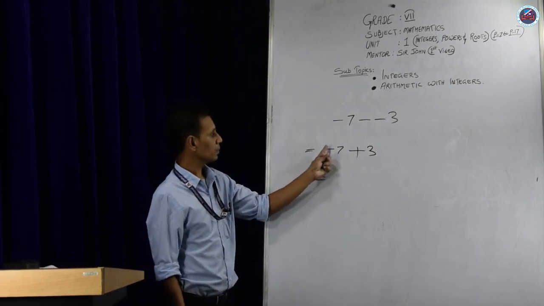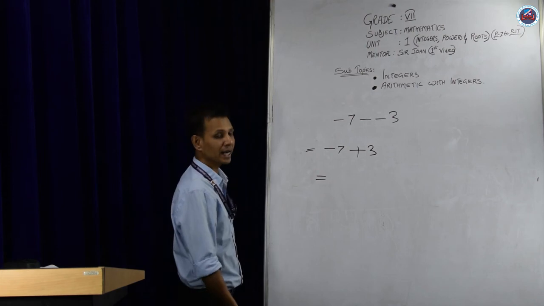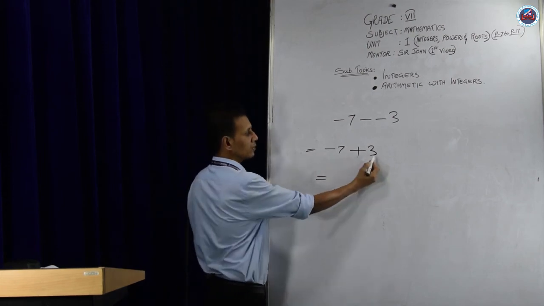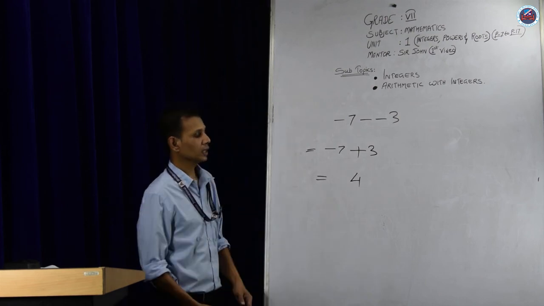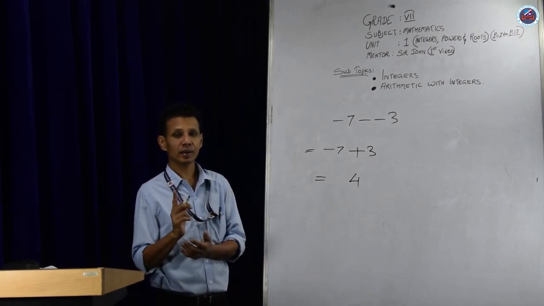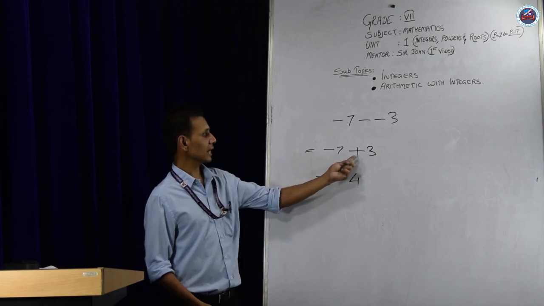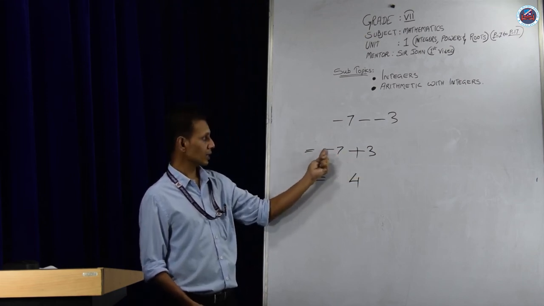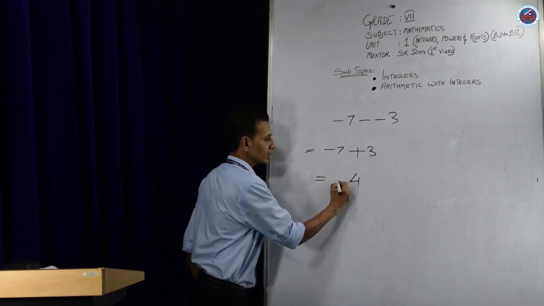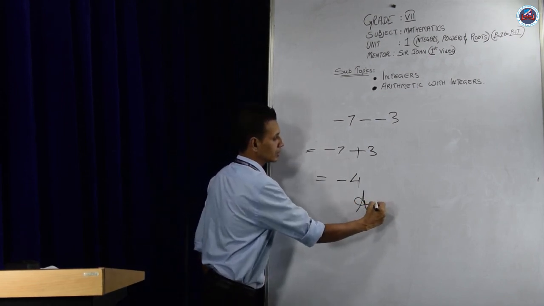Minus plus is minus. So do minus. 7 minus 3 is 4. Now remember to take the greater number's sign. Just ignore the sign and check which is greater, 3 or 7? 7. So 7 has what sign? Minus. Always take that greater number's sign, and that is your answer.